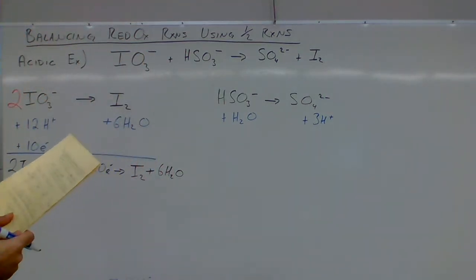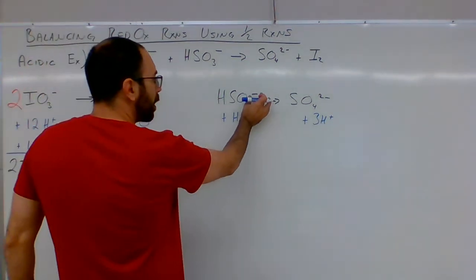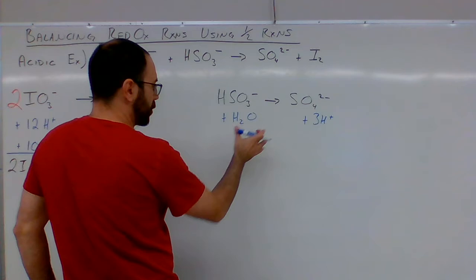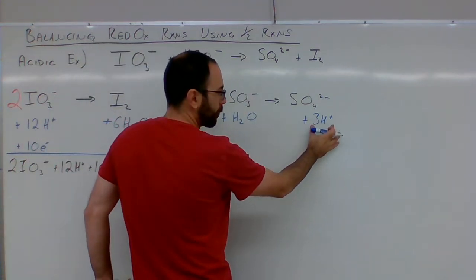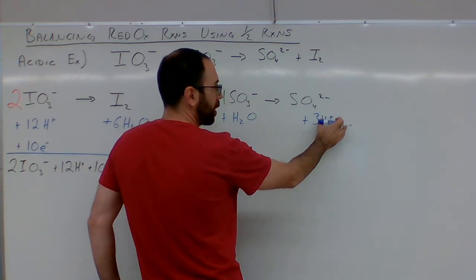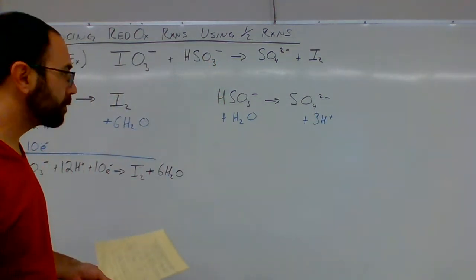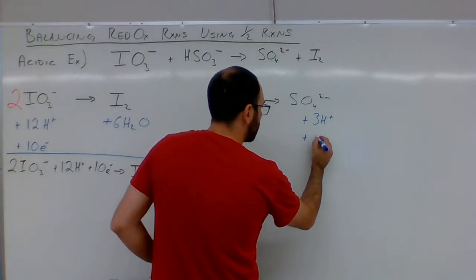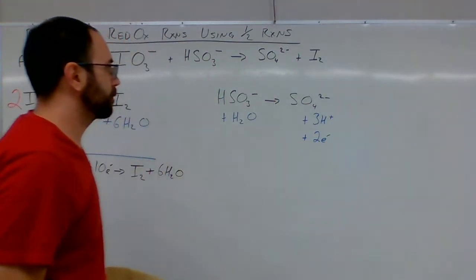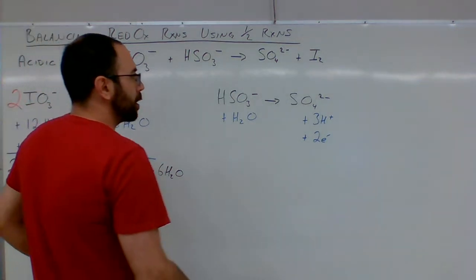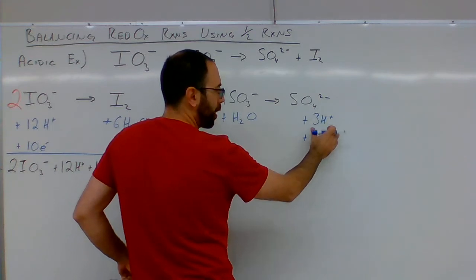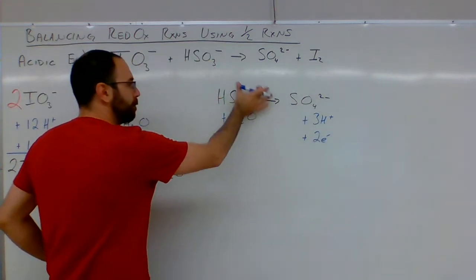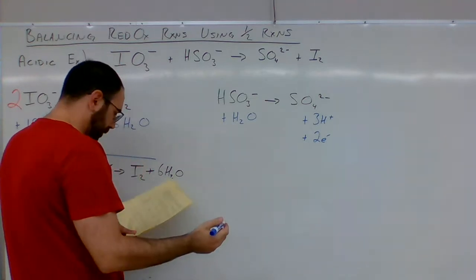I then need to look at balancing out my charge, using electrons. So I've got a -1 on this side, whereas on this side I have a 3 positive plus a 2 negative. That means I need to add in 2 electrons. So I've got a -2 plus a -2 gives me a -4. My 3 positives get a -1 on this side, which balances out my -1 on this side.